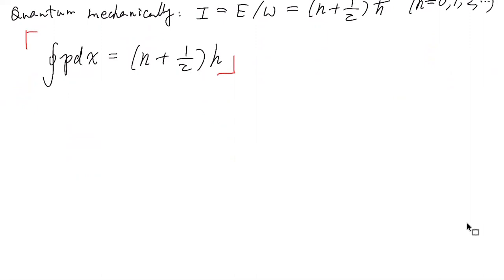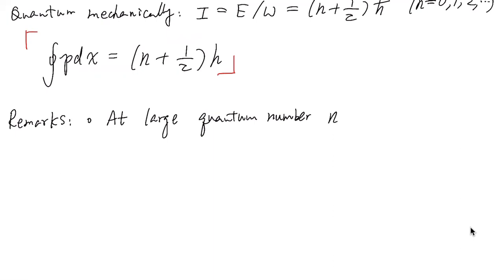Of course, if you remember what we talked about in lecture 1, this expression should be very familiar to you. If the quantum number is very large, say n is much larger than 1/2, this is actually the classical limit.